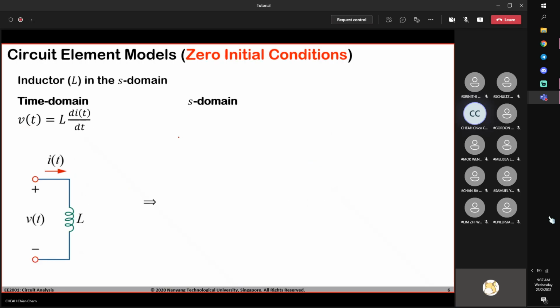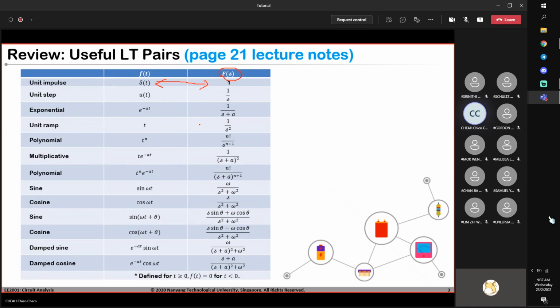But for inductors and capacitors, there will be a difference, because V is equal to L di/dt. As I said, you need to remember this by heart, because it will tell you a lot of information regarding the properties of the inductors, and you can also transform it into the Laplace domain. Even if you forgot the formula, just refer to this table.